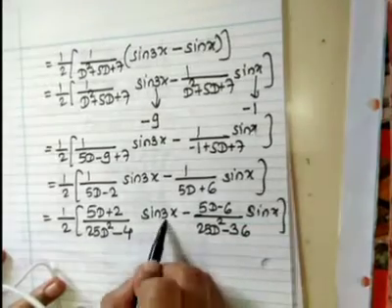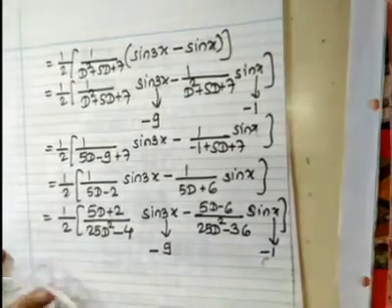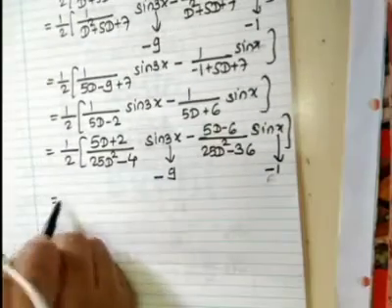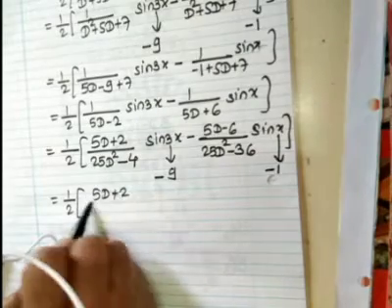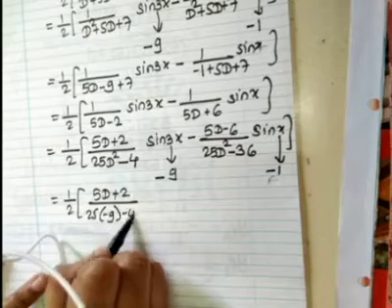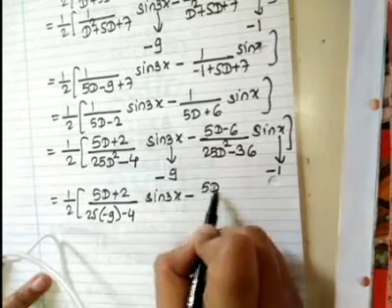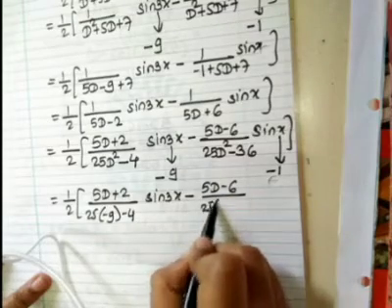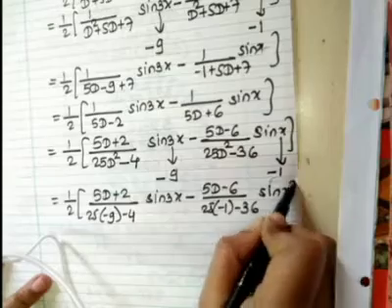Now there is d square, so square gives negative sign, again square negative sign. Substituting, we get 5d plus 2 upon 25 into minus 9 minus 4 sin 3x minus 5d minus 6 upon 25 into minus 1 minus 36 sin x.